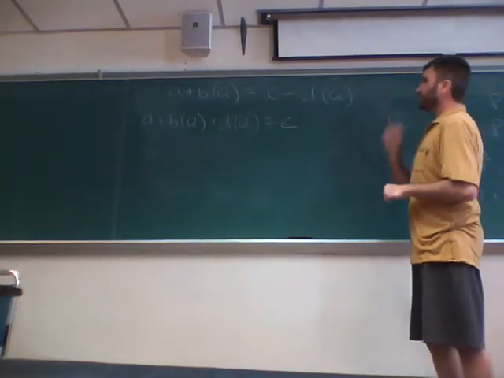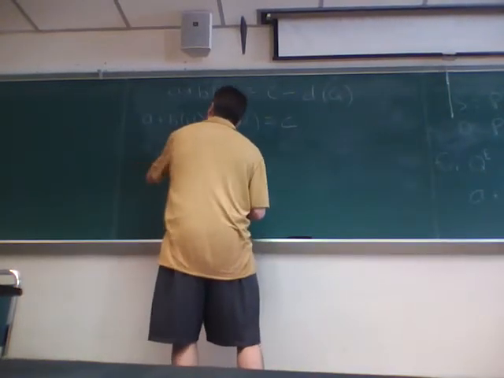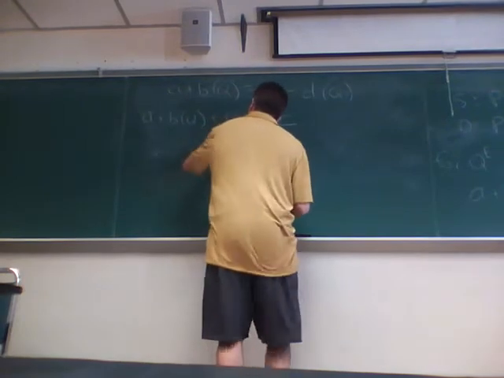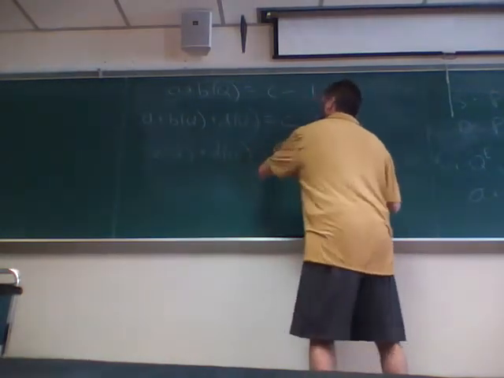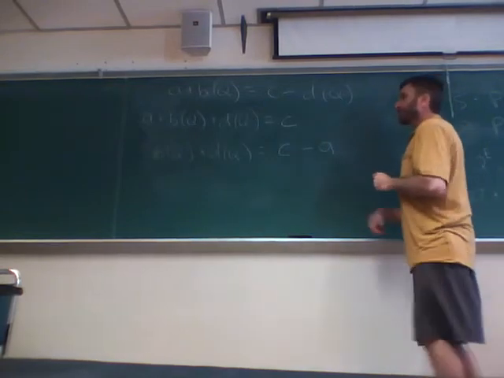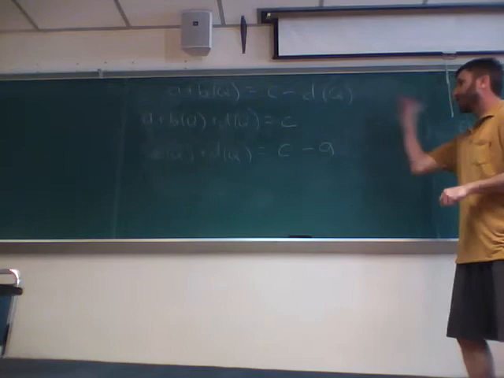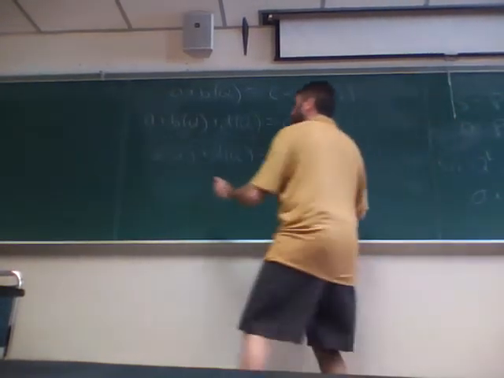This was my first step. I added dQ to each side, so I have that there. Then I brought A from here over here; I subtracted A from both sides.